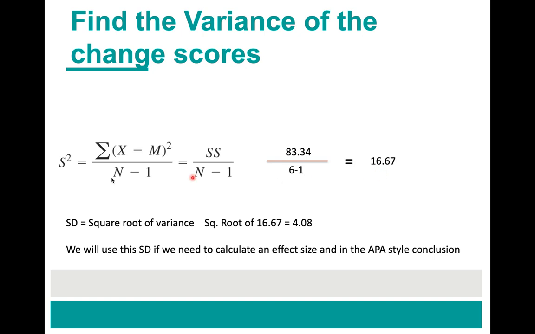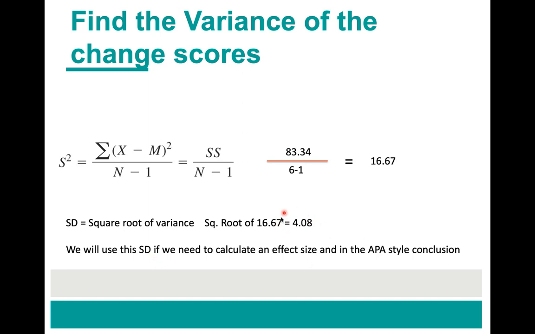We should go ahead and calculate the standard deviation of this sample, which is just the square root of the variance. So we pull our variance, and we just take its square root. So the square root of 16.67 is 4.08. That's the standard deviation of our change score. Now we will use this standard deviation if we need to calculate an effect size, and we will use it in our APA style conclusion.